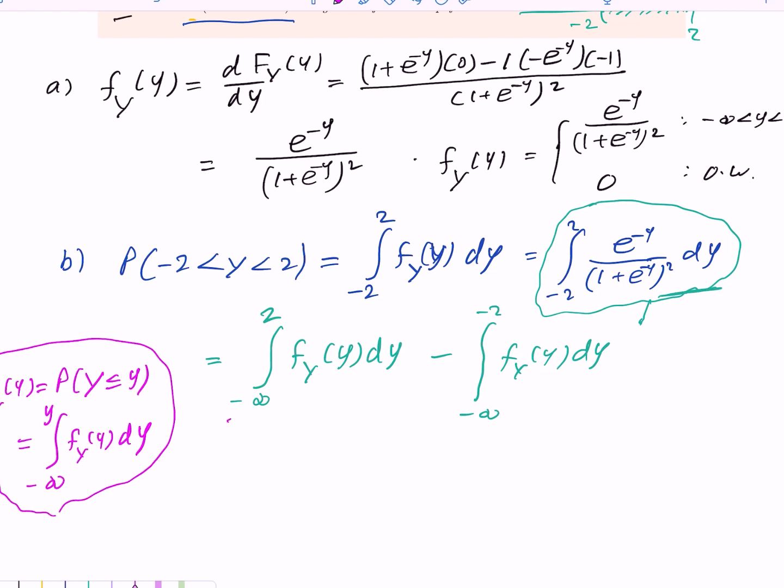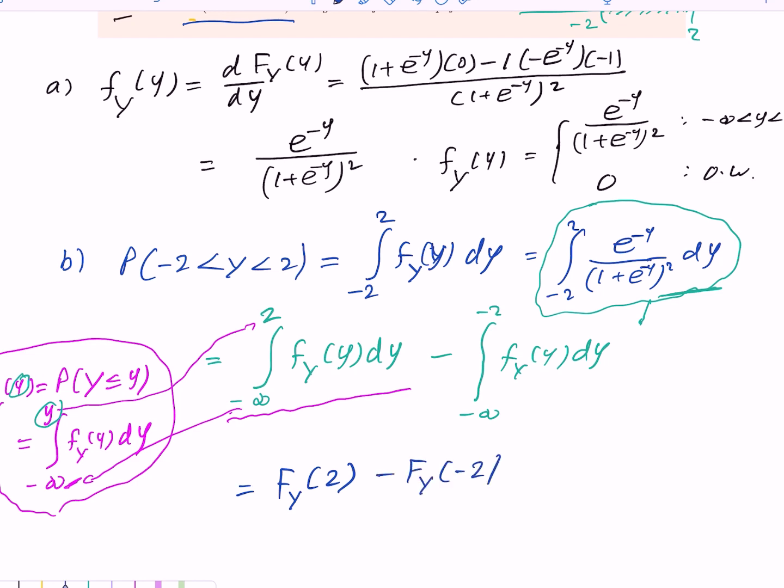So consider this one: this is negative infinity, and instead of y, we have 2. So here, this is y. Therefore, we can write this part as F_Y(2) minus F_Y(negative 2), because this is F_Y(negative 2).